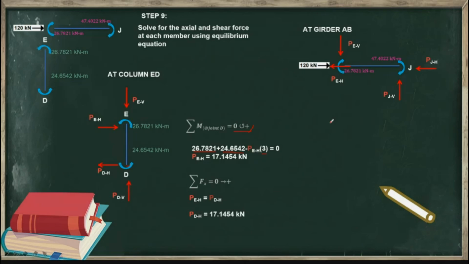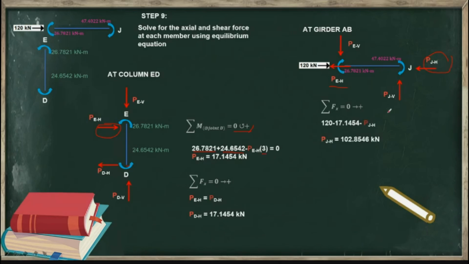So, kay girder AB, so we have here summation of horizontal forces. So, sa girder AB, meron na tayo kaninang nakuhang value ni PEH na going to the right siya. So, therefore, pag sa girder AB na going to the left na yung magiging direction ni PEH natin. So, summation lang natin ng horizontal forces para makompute natin si PJH.